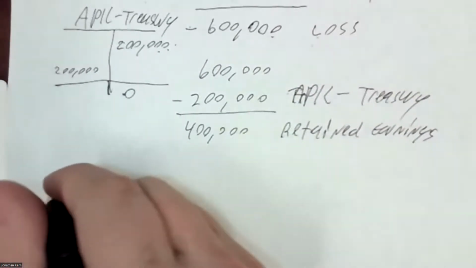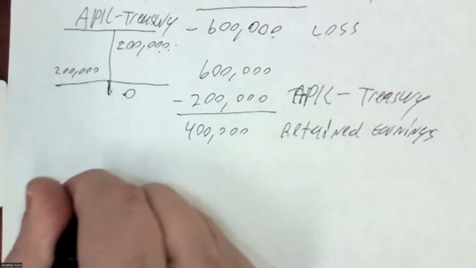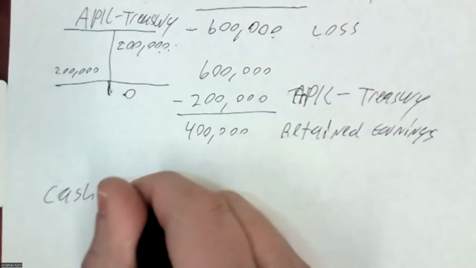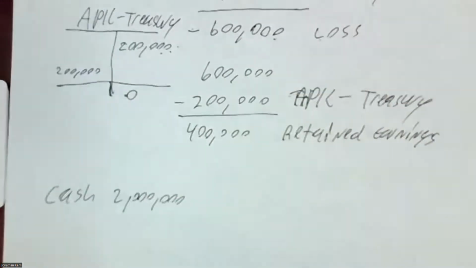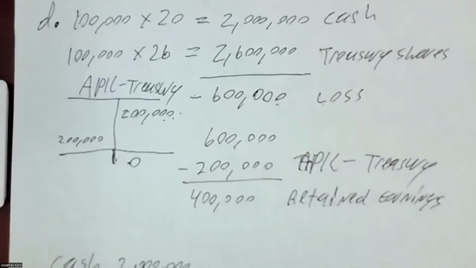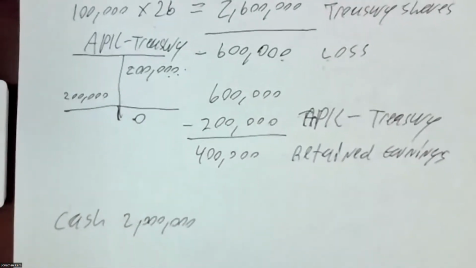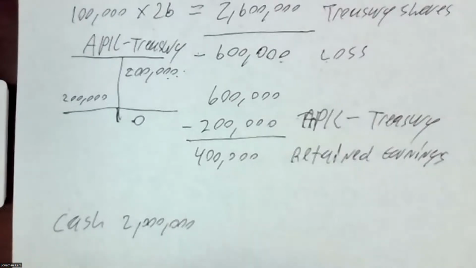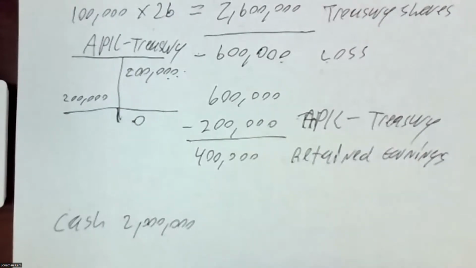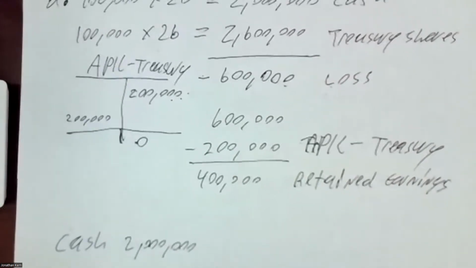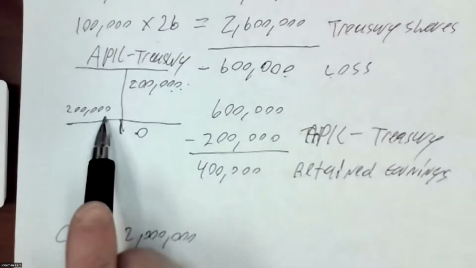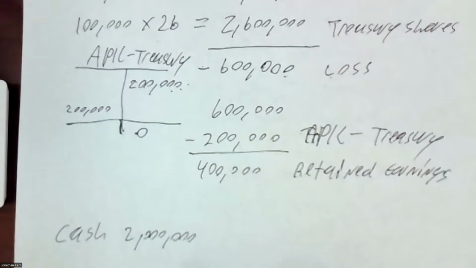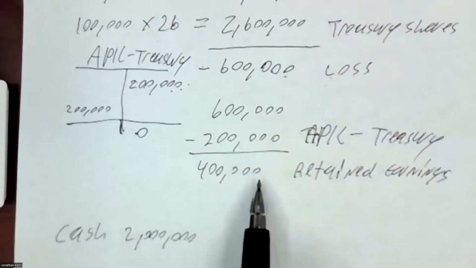So when we do our journal entry, we'll first debit cash for $2 million that we got from up here. We will then credit Treasury stock for the $2,600,000. And we calculated here that we're going to put $200,000 to APIC Treasury and $400,000 to retained earnings. And those are both going to be debits because this is a loss.